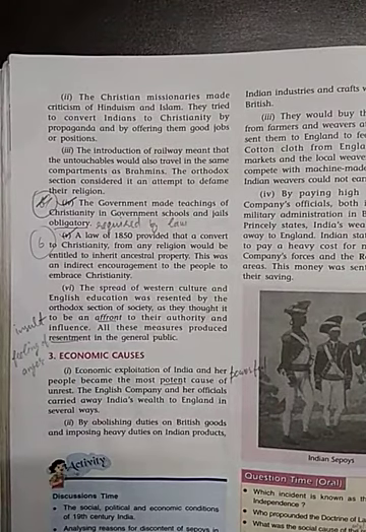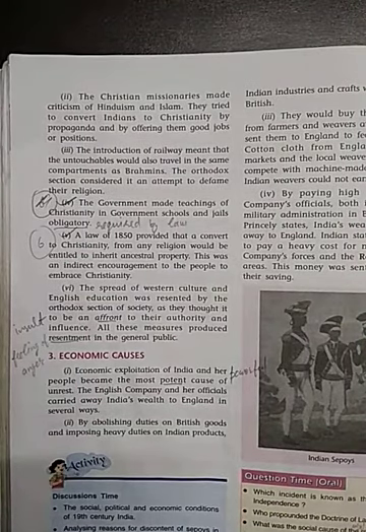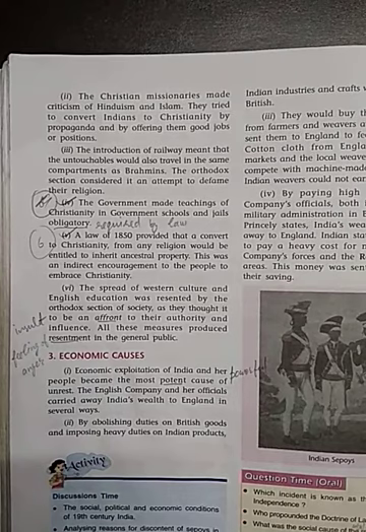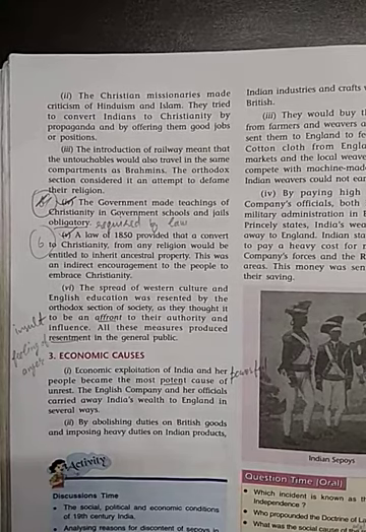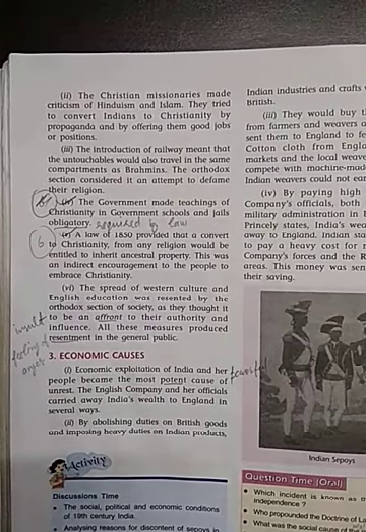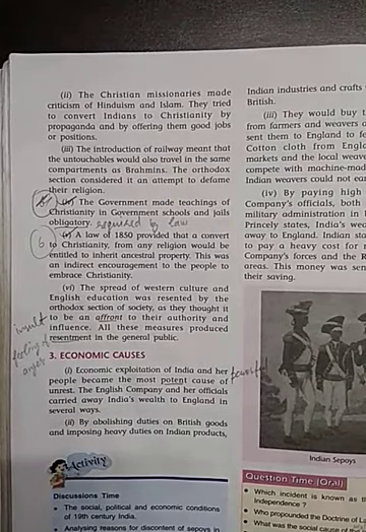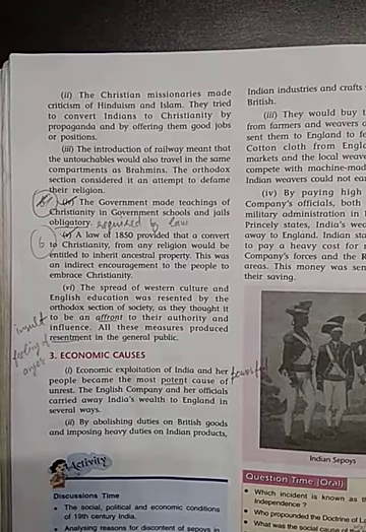So they were trying to convert Indian people's religion into Christianity. For that, they were adopting many different types of propaganda. Sometimes they were offering them good jobs, good positions, and sometimes some other things.